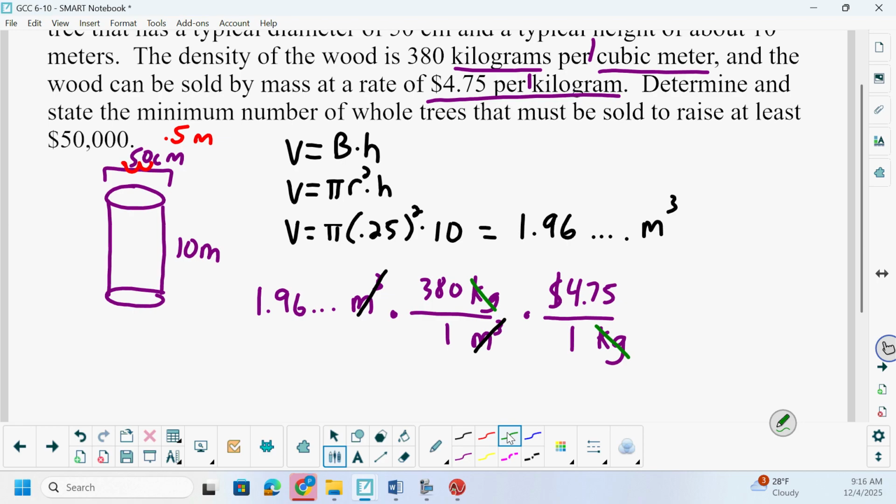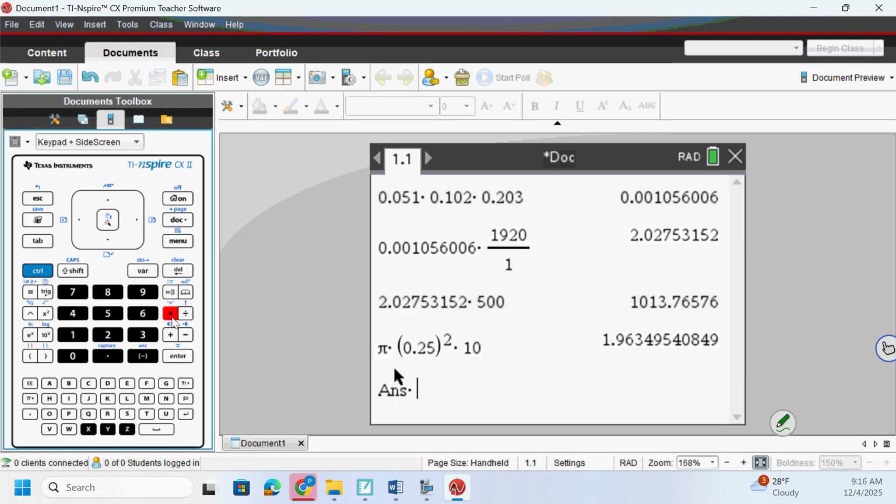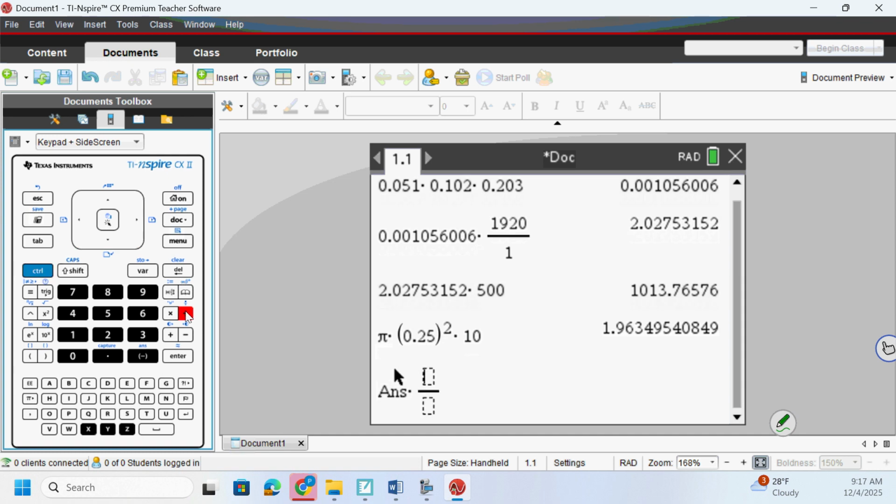So let's go to our calculator. If we just do times, it'll take our automatic full answer all the way out. If that answer was up higher, we would just scroll up, highlight it, and hit enter to bring it down. So we're going to do times, then a fraction, control divide. We'll do that 380, which was in the numerator, over 1 in the denominator.